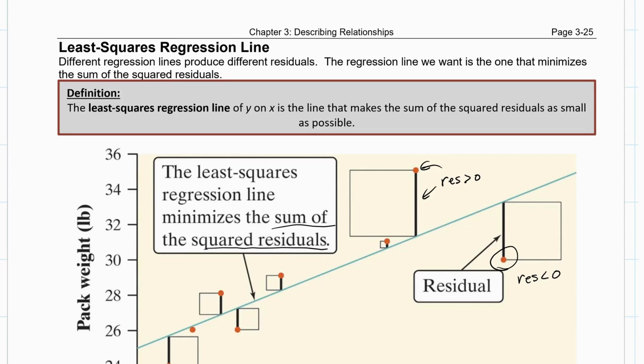And they say that they think the model that gives us the best fit is the one that minimizes the sums of the squares of the residuals. And therefore, they call this method the least squares regression line. The line that makes the sums of the squares of the residuals as low as possible.